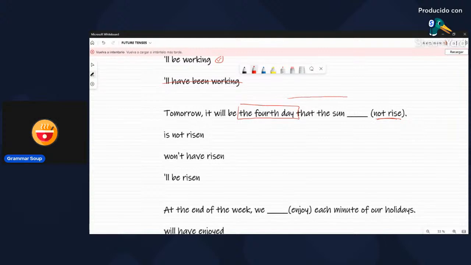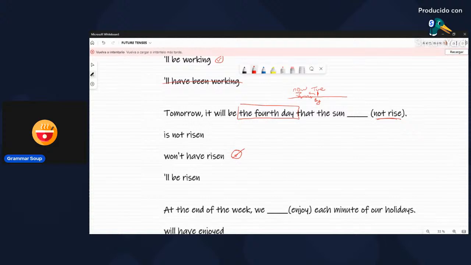If we picture ourselves on a timeline, this is now, and tomorrow is this day. Let's suppose tomorrow it's Tuesday. So it's not Tuesday yet, it's before. So this person imagines that by Tuesday, the sun won't have risen.